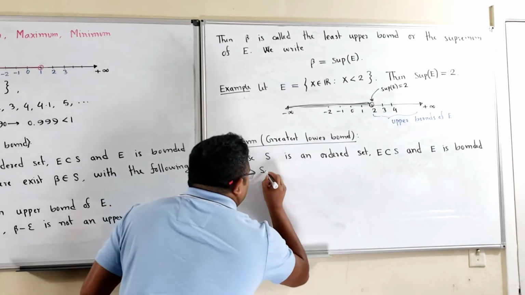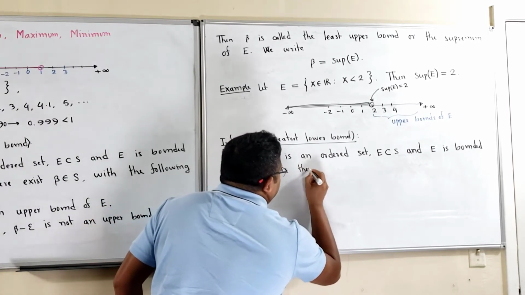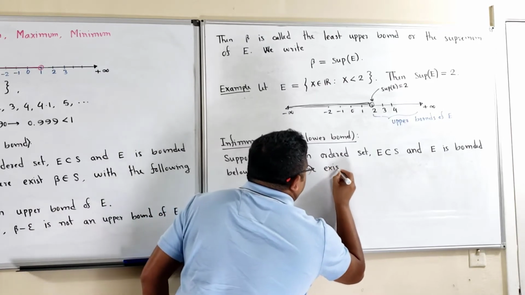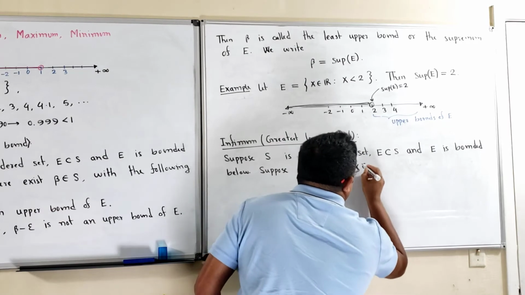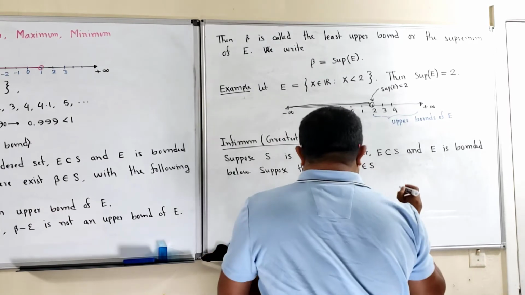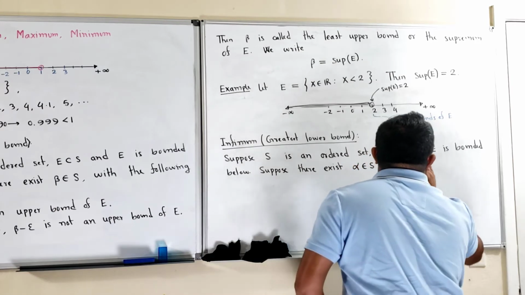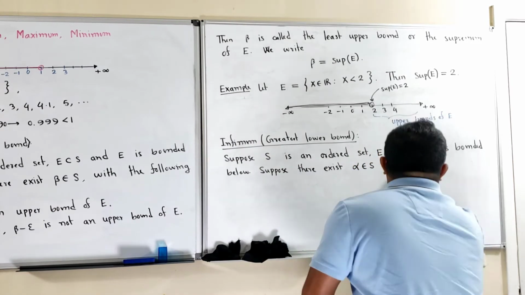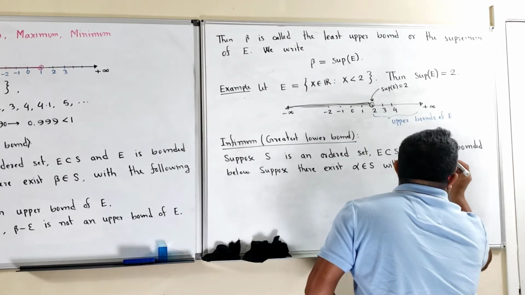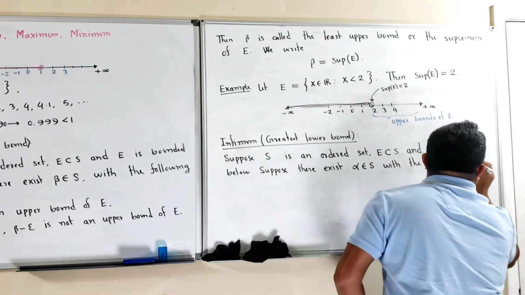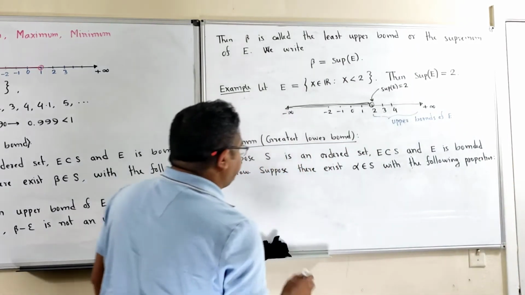Suppose there exists an element alpha of the set S with the following properties. What is the first property?